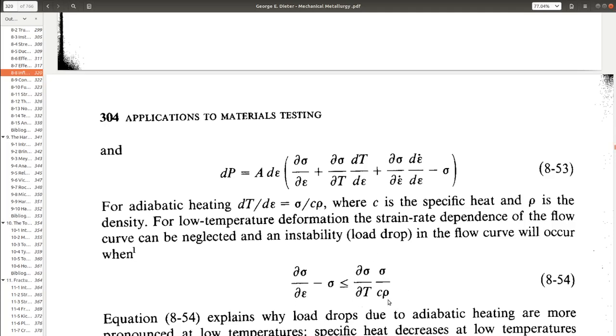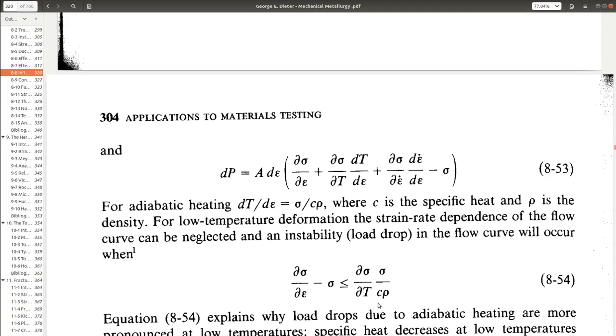Okay, so therefore we observe that the ultimate tensile strength will be changing. So we observe that the ultimate tensile strength will give us this quantity equal to 0, but if there is a rise in temperature, this quantity is not equal to 0 but equal to this at instability.